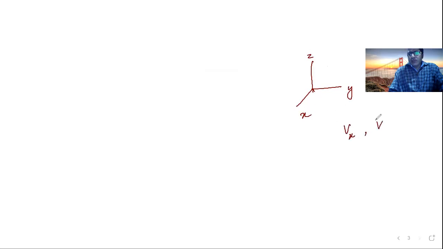It can move along the y-axis with velocity Vy, and it can move along the z-axis with velocity Vz. So it is translating along 3 space axes, right?